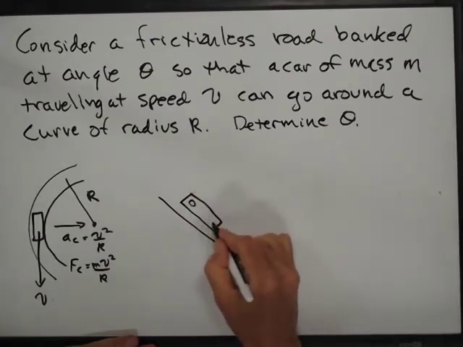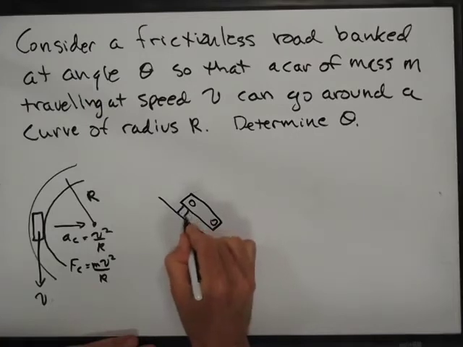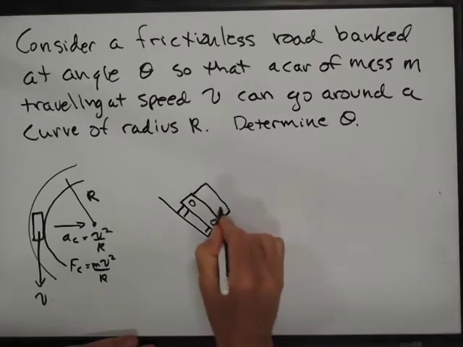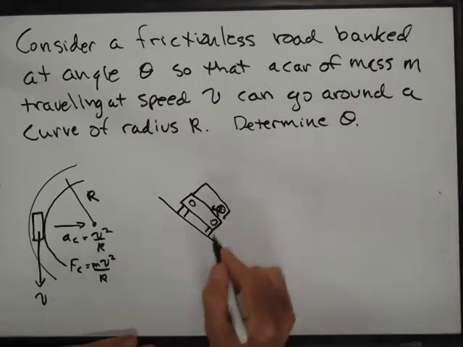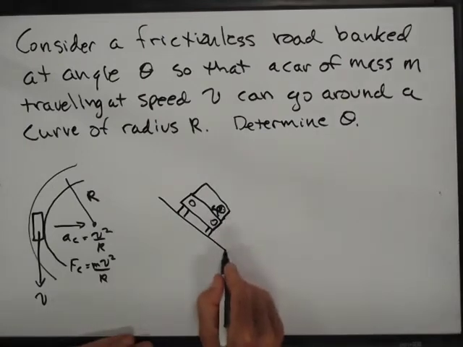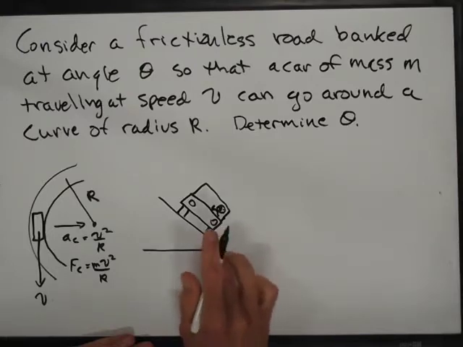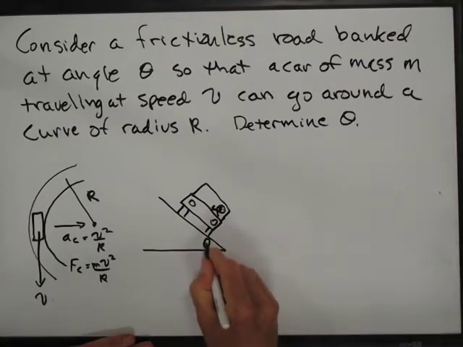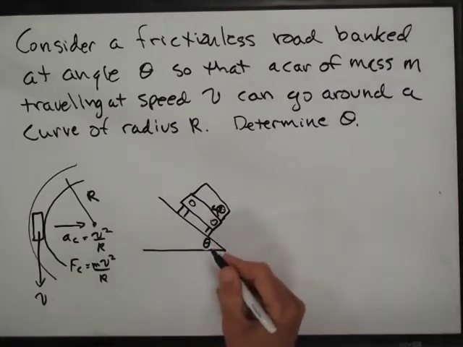He's got a headlight and a headlight, and a wheel and a wheel. And then he's got a driver here, and there's a steering wheel, smiling, and so on. And here's my road, and here's the angle theta. That's the angle theta.